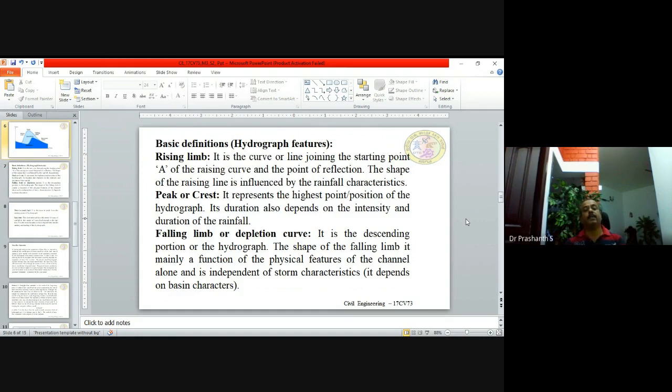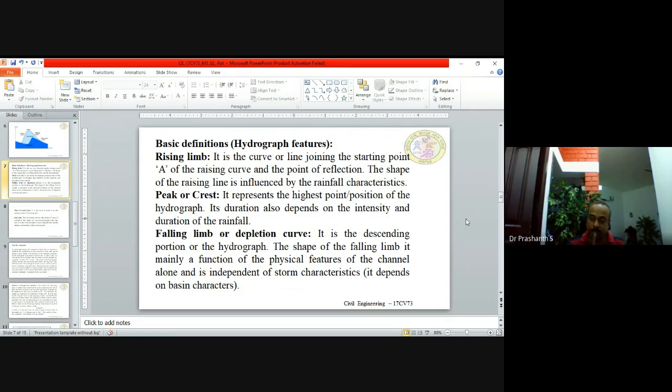Another feature we have to keep in mind is the falling limb, also called the depletion curve. It is the descending portion of the hydrograph. The shape of the falling limb is mainly a function of the physical features of the channel alone and is independent of the storm characteristics.